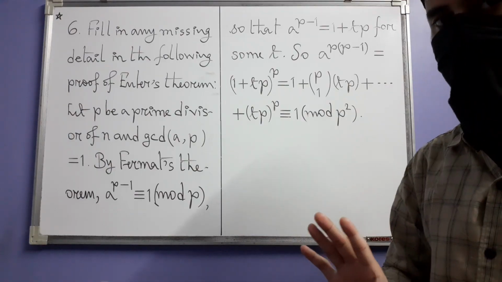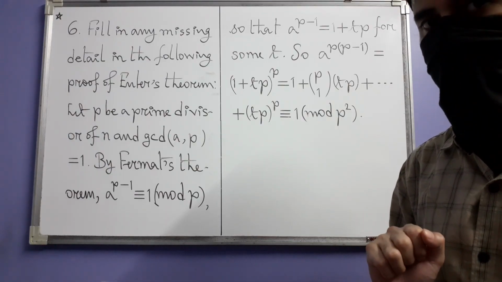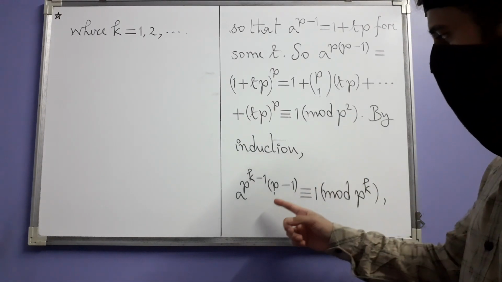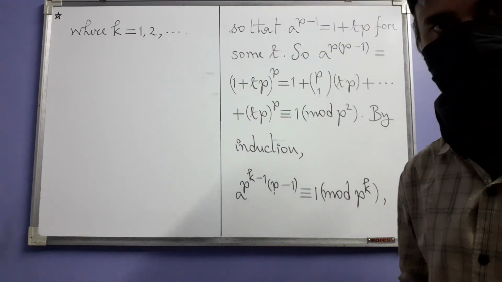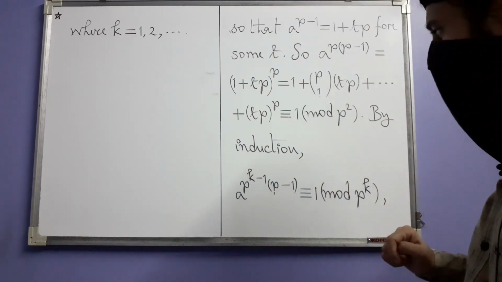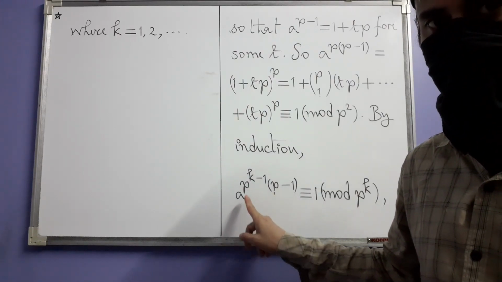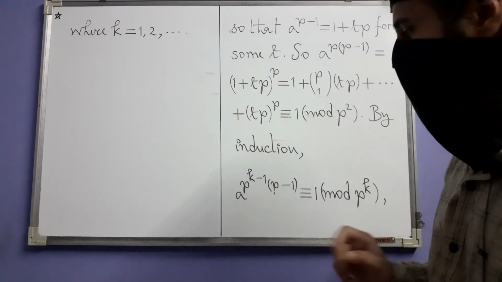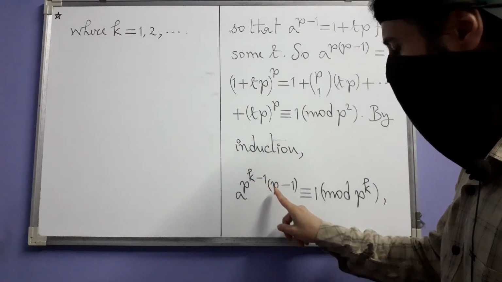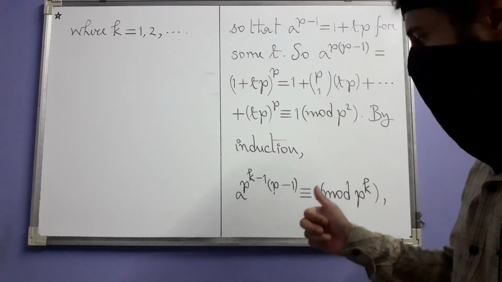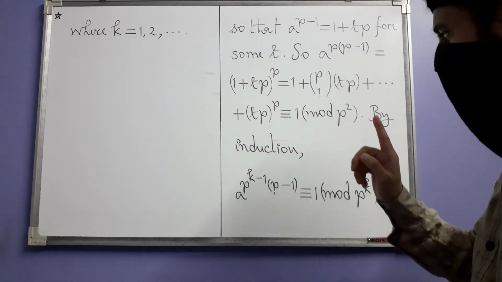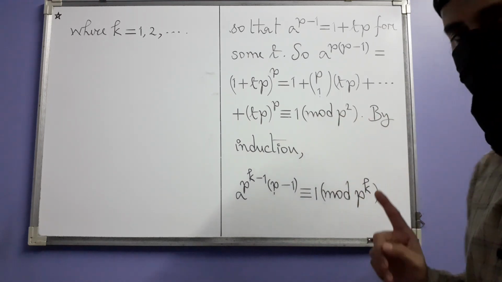There is other stuff also. Now let me write those things. Then by induction we have this more general congruence, more general than this above one. Here the left hand side is again a power of a, but this time the exponent is a bit more complicated. It is p to the power k minus 1 times p minus 1. The right hand side is still 1 like this one and the modulus is p to the power k.